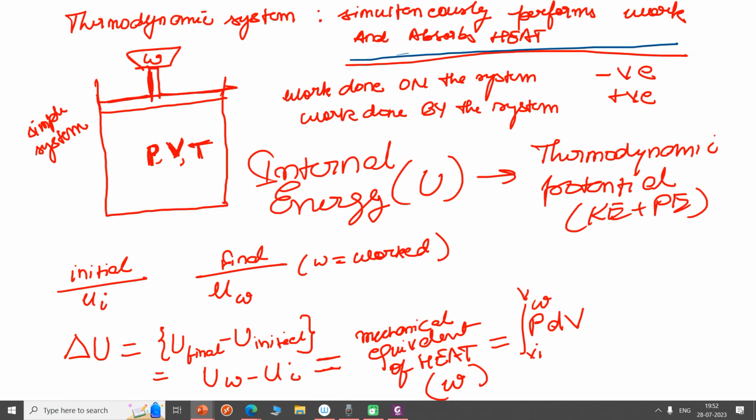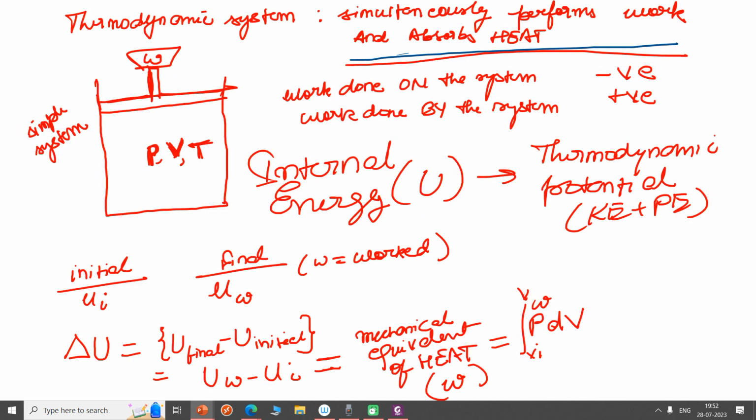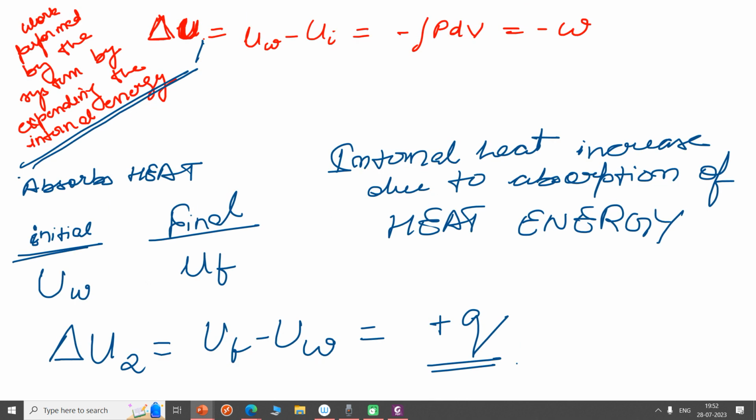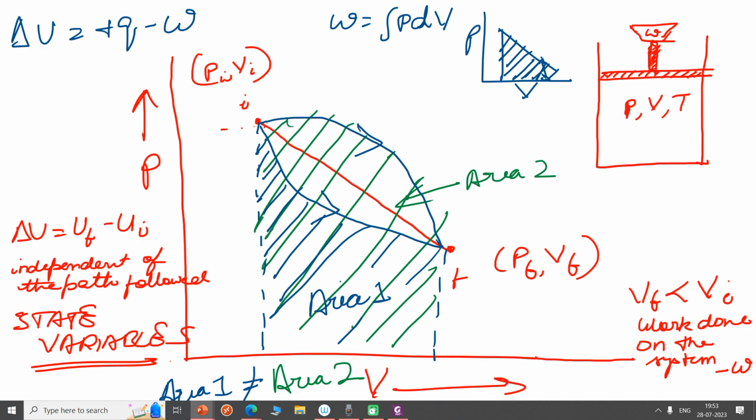And then we went on to describe how internal energy is a relevant parameter which deals with work and heat, and how we can calculate the internal energy of a system which has done work and absorbed energy simultaneously, and this has given us the first law of thermodynamics equation. And then we have seen how internal energy is a state function, but work and heat are not.